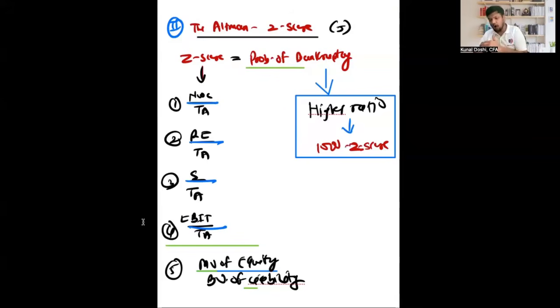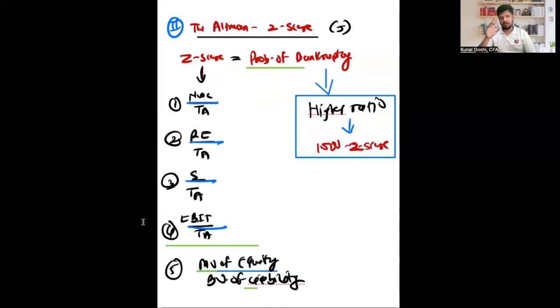Any increase in these proportions to total assets will increase the ratio, and increasing the ratio will increase the Z-score. A higher Z-score means the chances of default are lesser because Altman focuses on earnings quality. So do you want the Altman score to be higher? Yes. That means the earnings are relatively more sustainable, and therefore the probability of default is less.